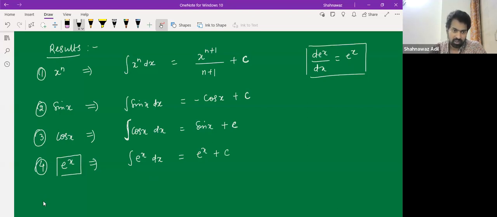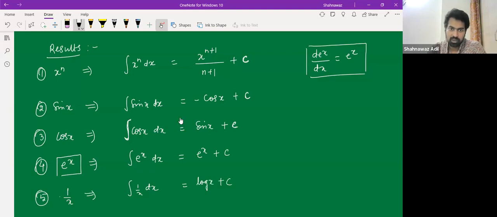And then you have the fifth one, which is not log x, but 1 by x. So the integral of 1 by x dx is log x.